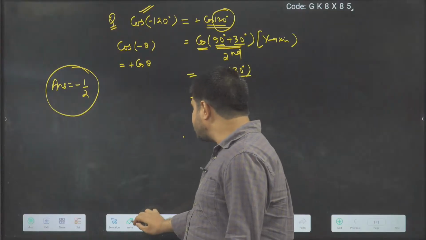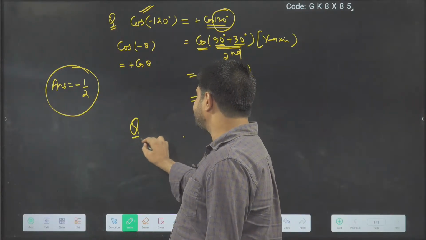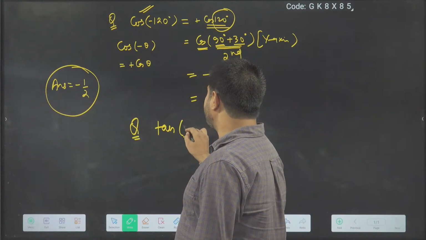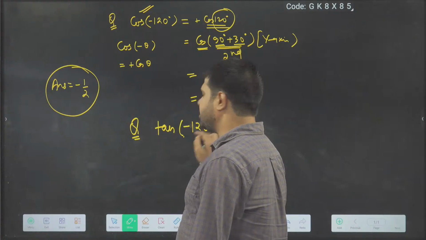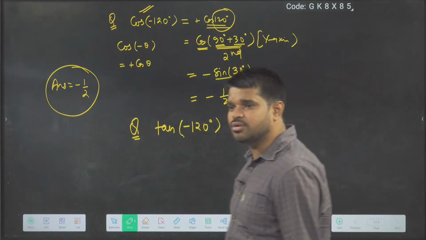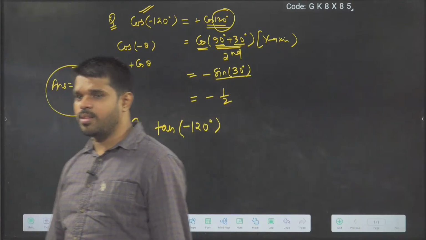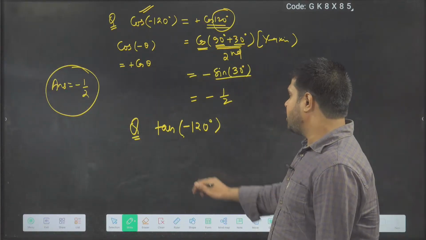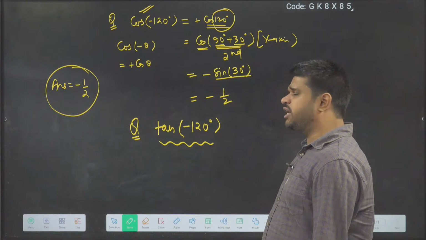So let's see who is able to answer. Question: tan of minus 120 degree. Let's see who is able to give the correct answer. Tan of minus 120 degree.